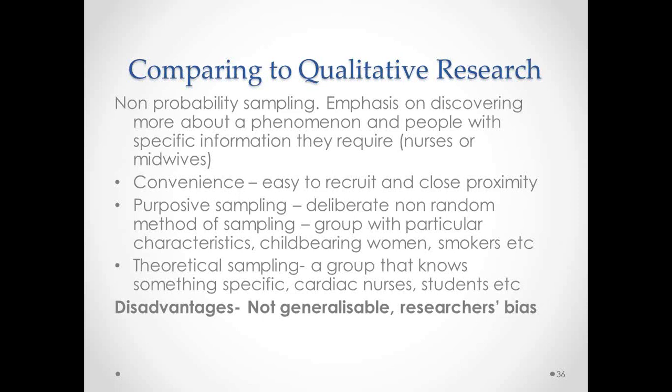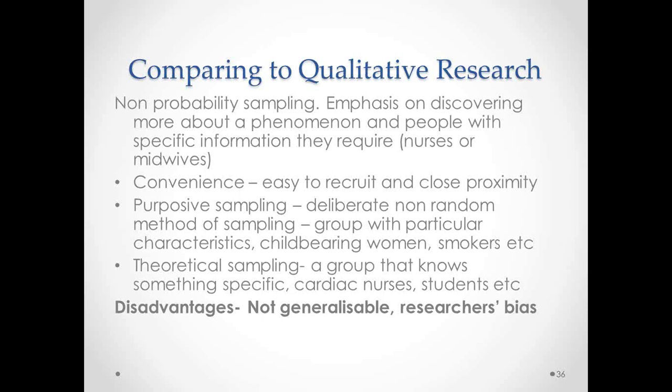If I want to find out about childbearing women, I'm going to ask childbearing women. If I want to find out about smokers, I ask smokers. So I'm picking these people on purpose because of the theoretical knowledge that they have. Or I might use theoretical sampling, where I'm looking for a group of people who know something specific. So I want to find out about cardiac nurses, I will ask cardiac nurses. I will ask students, for example, or I would select.